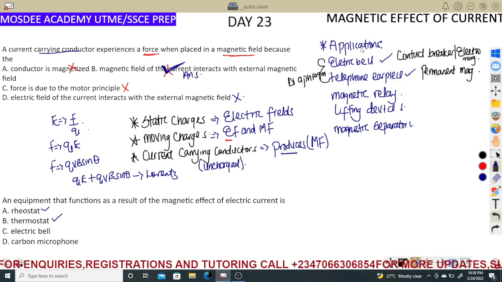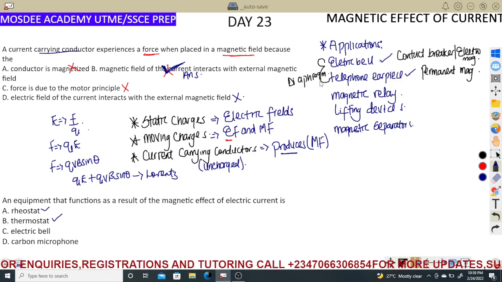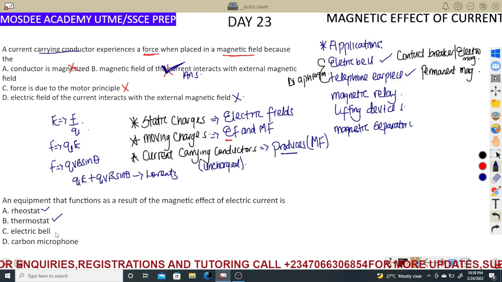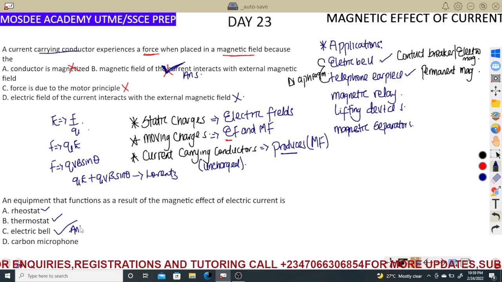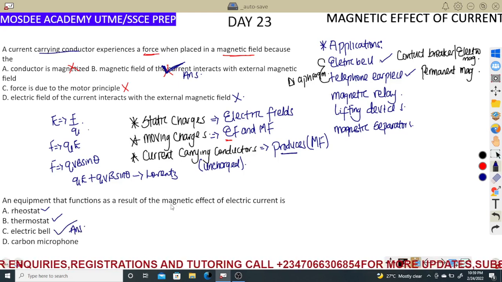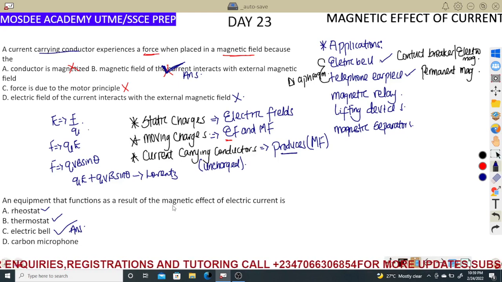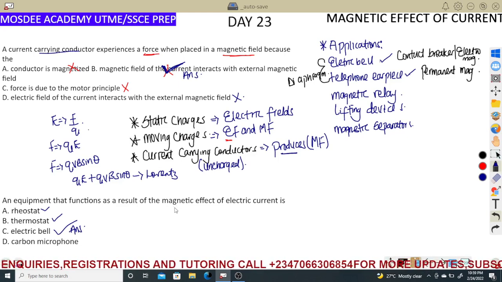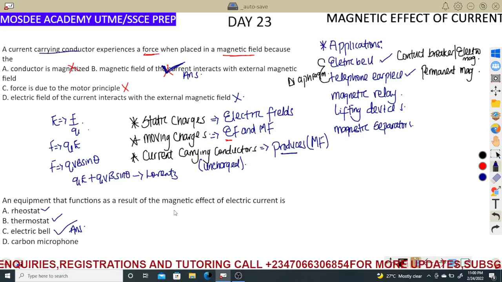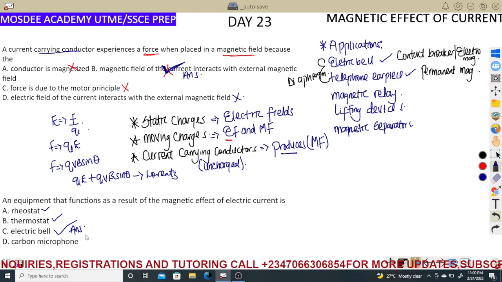Now, I've looked at a lot of applications of magnetic effect of current, and luckily for you, this option is there, and this is the answer. Applications of magnetic effect of current include telephone earpiece, electric bell, magnetic relay, lifting device, magnetic separator, to mention but a few. So keep that at the back of your mind.